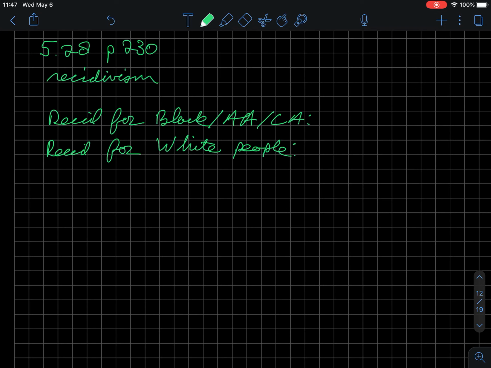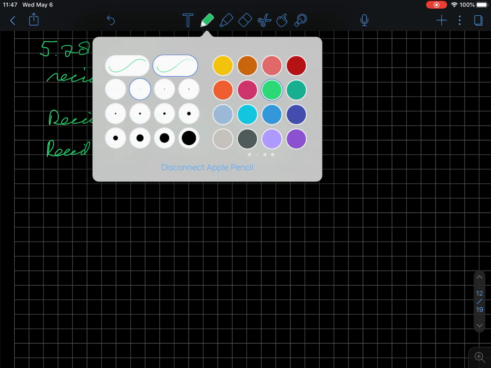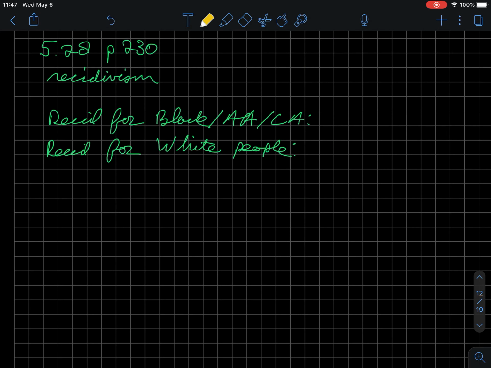And so for this one, real quick, what it's asking, using notation, is to express each of these as a conditional probability. So the first one asks, what is the probability of recidivating given, note that vertical bar, that you are black or African American or Caribbean American? Based on the information here, this is equal to 0.81.